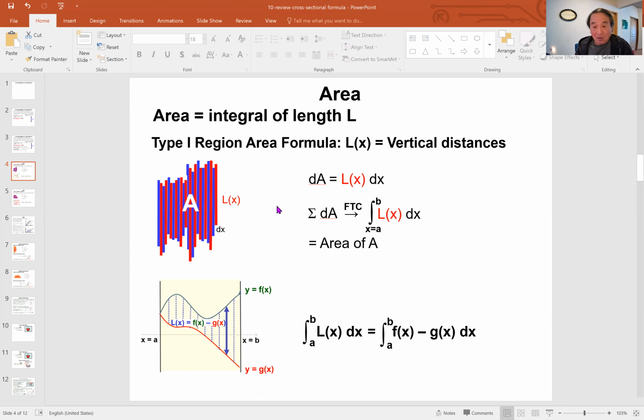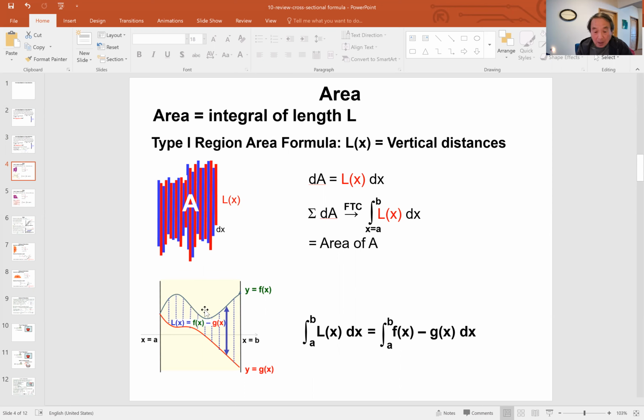Of course, I want to add all of them up, sum all the dAs, and voila. The fundamental theorem of calculus says that sum turns into the integral of the length formula dx. This situation is what we call type 1.